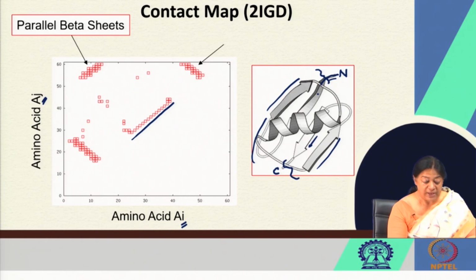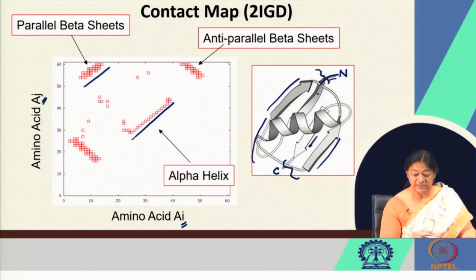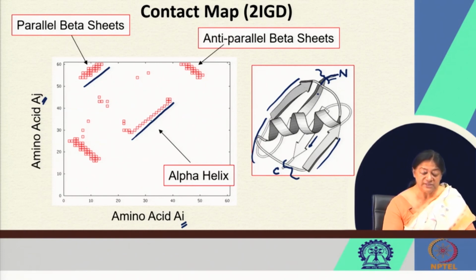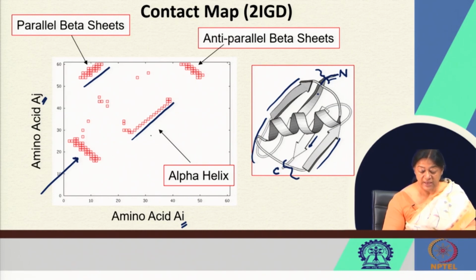So, what we have here is the parallel beta sheets, as we saw in the previous slide as I explained to you. These are the antiparallel beta sheets, and this is the alpha helix. So, this is another antiparallel beta sheet, and so we have one antiparallel beta sheet here, one antiparallel beta sheet here, a parallel beta sheet shown here, and the alpha helix.